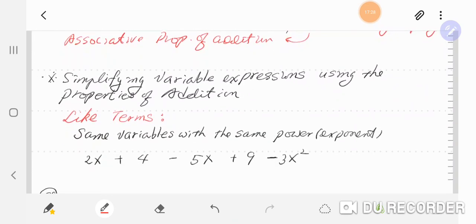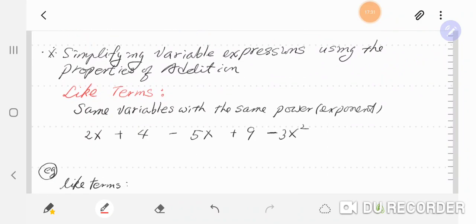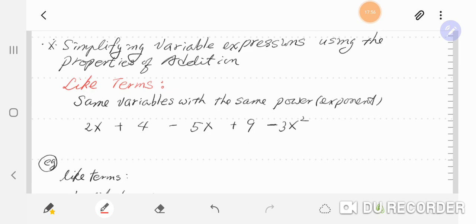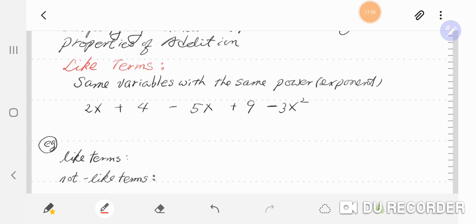All right. Okay, next definition is like terms. Like terms: terms are separated by addition or subtraction, right? Each part is called a term. The like terms are those terms whose variables and exponents are the same. For example, we have an expression with addition and subtraction together.